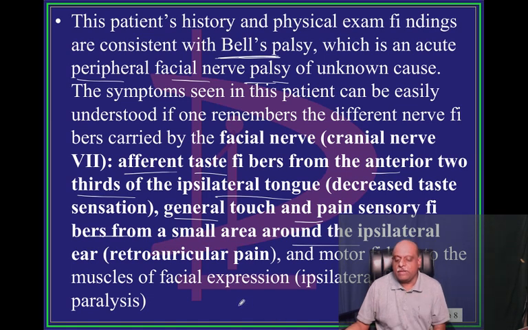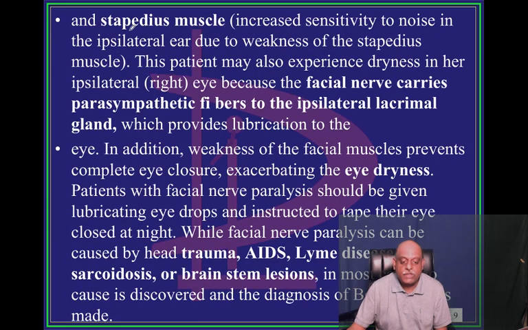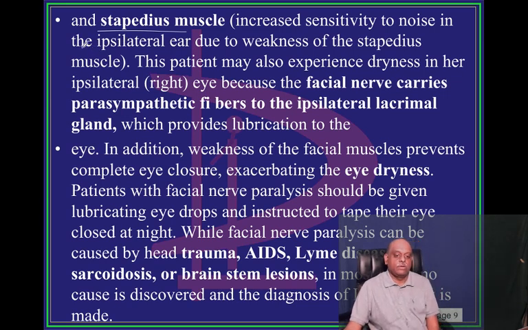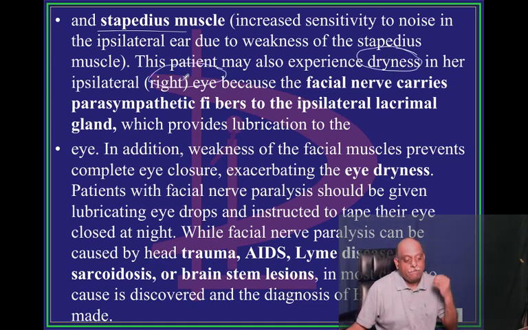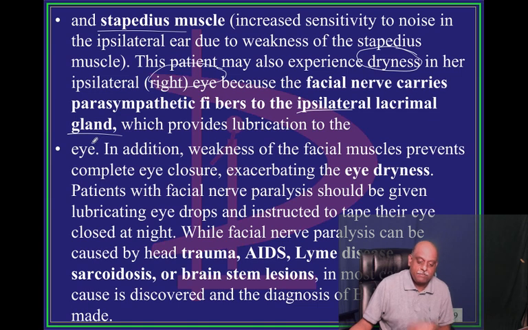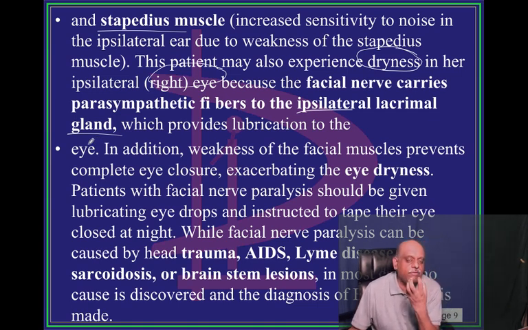And the motor fibers of facial expression, both upper half and lower half of the face, both of them, ipsilateral facial paralysis. Stapedius muscle, whose paralysis will lead to development of hyperacusis. Also there is a dryness in the right eye because facial nerve carries the parasympathetic secretomotor fibers to the ipsilateral lacrimal glands and provides the lubrication to the eye whenever you are closing the eyelids.